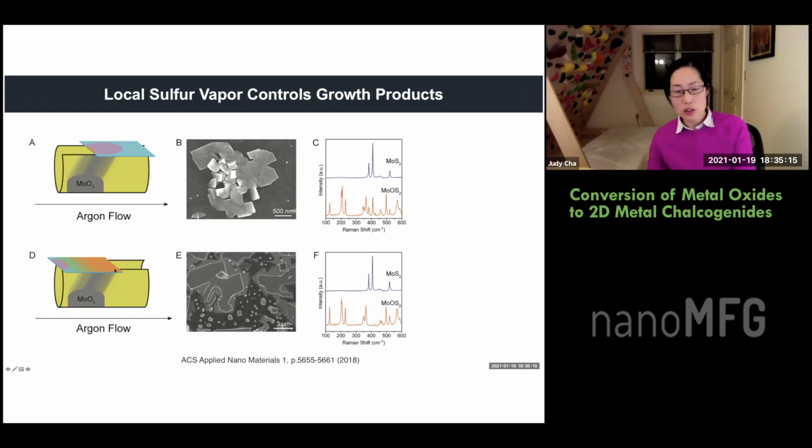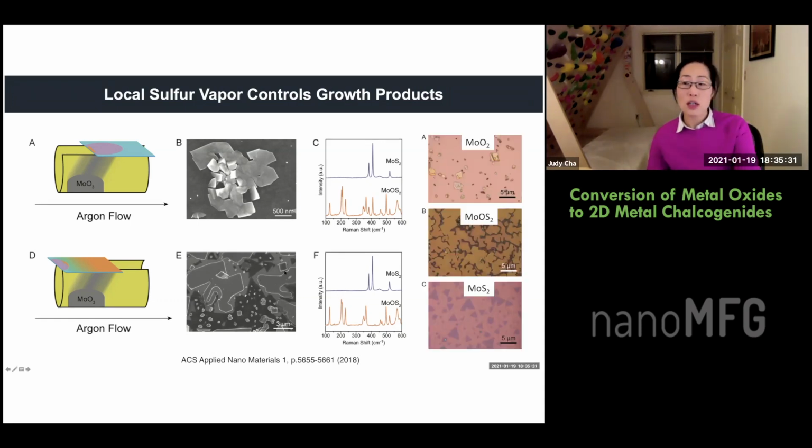So in comparison to the sulfur, now you're creating a sulfur-rich environment so that you're going to get moly sulfide. You can see these triangular moly sulfide flakes along with the moly oxysulfide intermediate products. Here's the optical image of how they look.